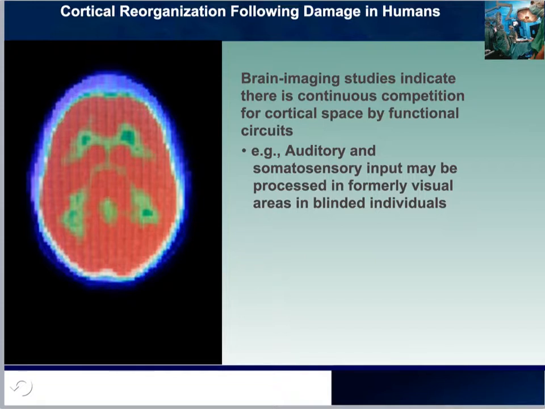And this would then allow the individual to process information in a way that would be superior in the auditory sense now that the visual is lacking. Please note that there seems to be also a functional consequence of this reorganization, and that is that blind volunteers, again, have skills that seem to be superior to those who are able to see.